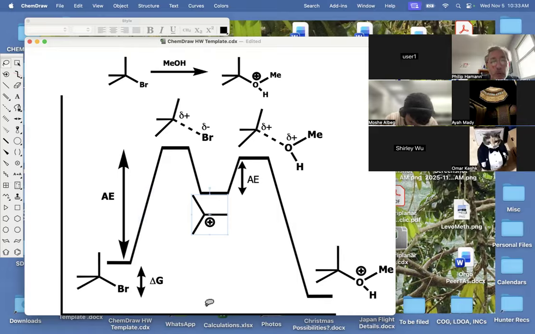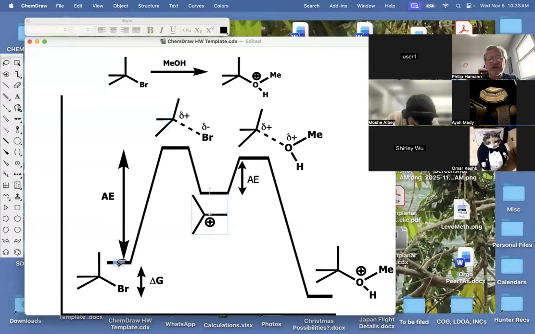Okay, so the Hammond's postulate goes back to a point when transition states really weren't known, and they had no way of calculating them. We can do that now, but the idea is that the positive charge on the T-butyl cation is significantly developed in the transition state. The transition state is closer in energy to the carbocation, so it's much more similar in properties than the starting material, which is far different in energy.